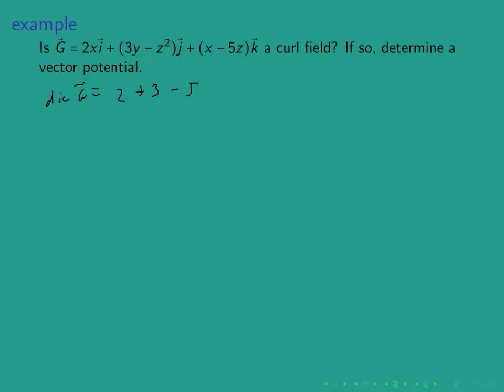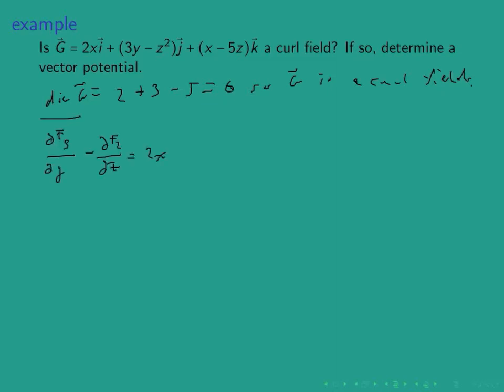I take the divergence, so I simply take the derivative of 2x with respect to x and get 2, the derivative of 3y minus z squared with respect to y and get 3, and the derivative of the k coefficient with respect to z and get minus 5. And notice that in fact this is 0. Okay, so G is a curl field. The answer is yes, it is a curl field. And so then we can try to look for a vector potential.